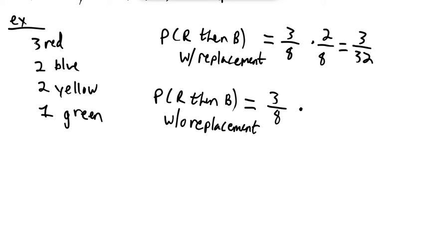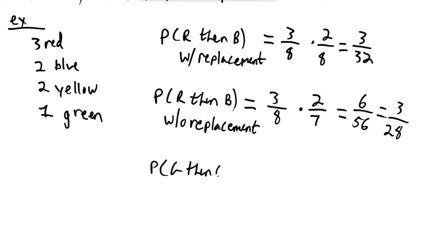Well, we have one less red here. So there's 2 reds, 2 blues, 2 yellows, and 2 greens. So it's 2 out of 7 now, because we have one less marble. And this becomes 6 out of 56, or 3 out of, what would that be? 28.